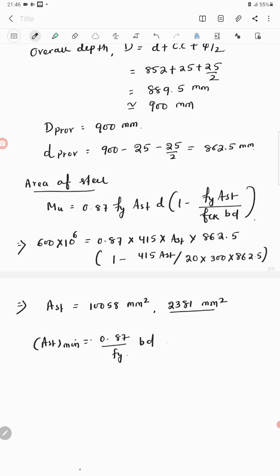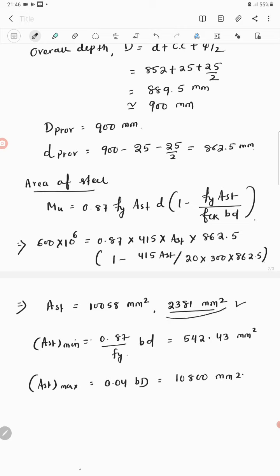So after calculating, you will get 542.43 mm square. Now what is Ast maximum? 0.04 bD, that is equal to 10800 mm square. So we will take this value. It's coming within this range. So my Ast is within Ast minimum and Ast maximum.